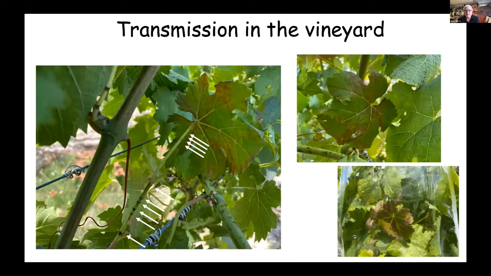No, the short answer is no. Once you have a vine that is infected with red blotch, it will remain infected as long as it is in the ground. Whether you top graft, you chip bud or whatever, the virus titer will be there. You might just delay the translocation of the virus from the piece that remains in the ground to the chip budded tissue. But the virus will move. It's just a matter of time.